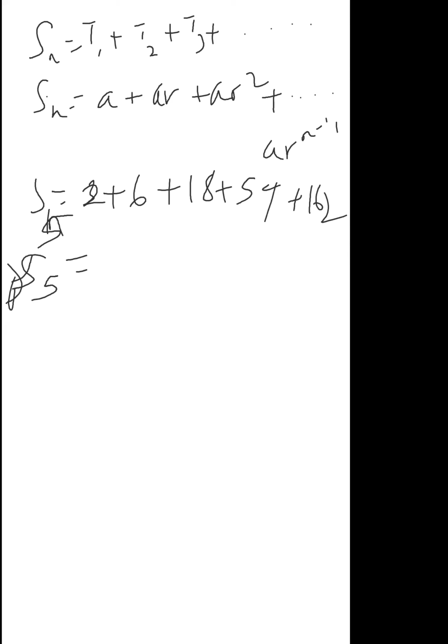If you multiply this one by 3 you get 6, this one you get 18, this one you get 54, this one you get 162. And 162 times 3: 3 times 2 is 6, 3 times 6 is 18, then 3 times 1 is 3, that's 486.